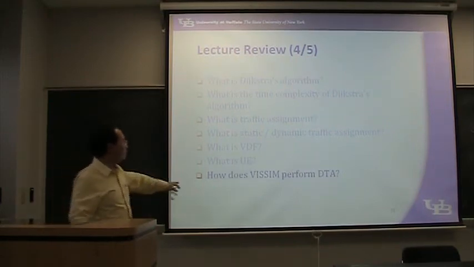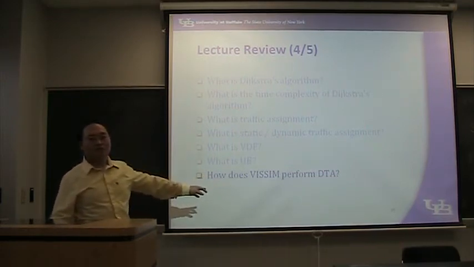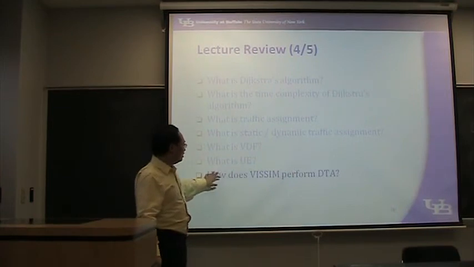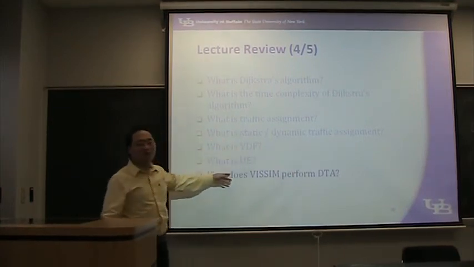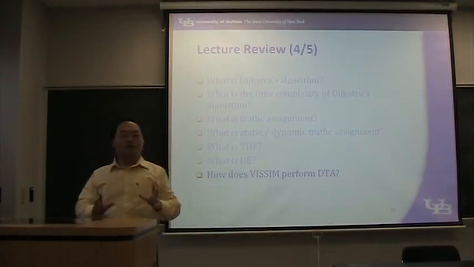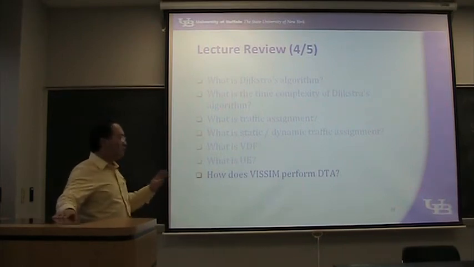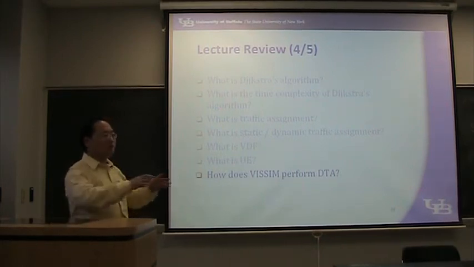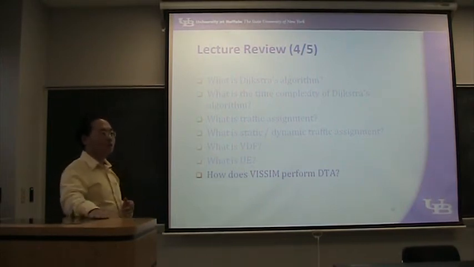Now, how does Transims perform dynamic traffic assignment? This question is very relevant to the previous discussion. It claims that it can perform dynamic traffic assignment, but actually the dynamic traffic assignment is implemented by the simulation, by the vehicle movement.